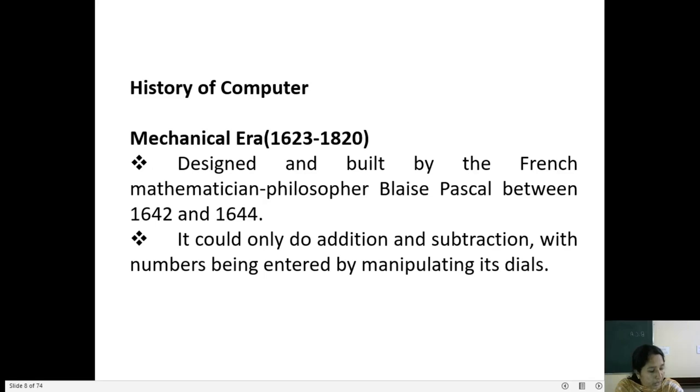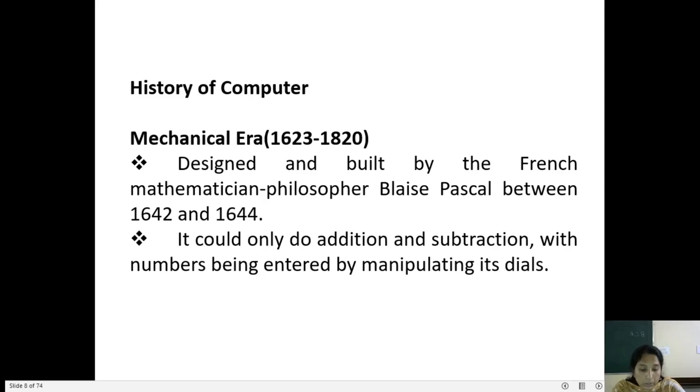Later on, an English mathematician named Charles Babbage, in 1820, updated this concept and introduced a mechanical device called the Difference Engine, used for printing as well as calculating mathematical tables.